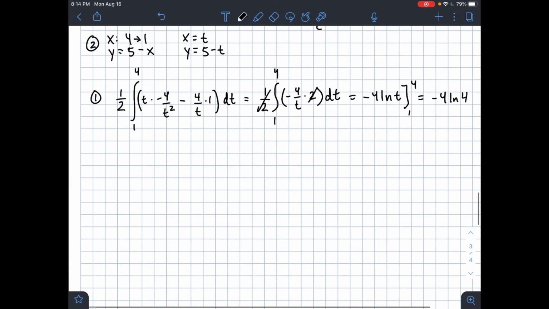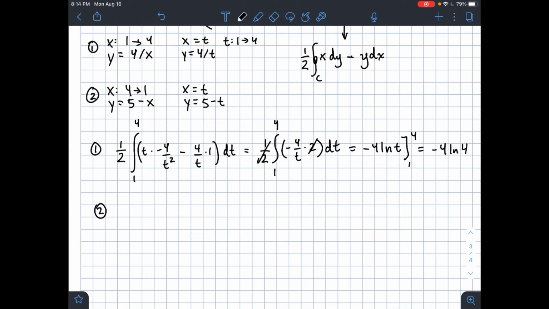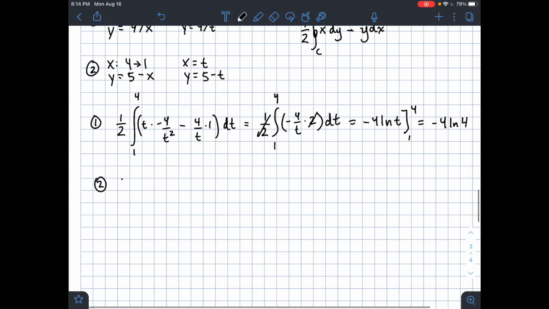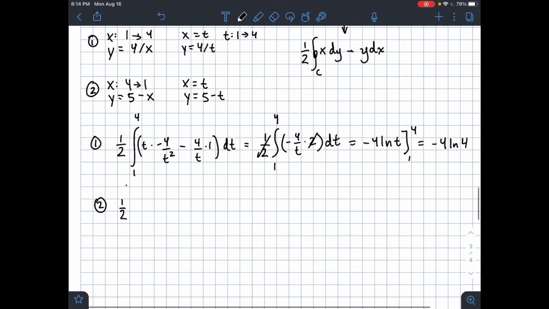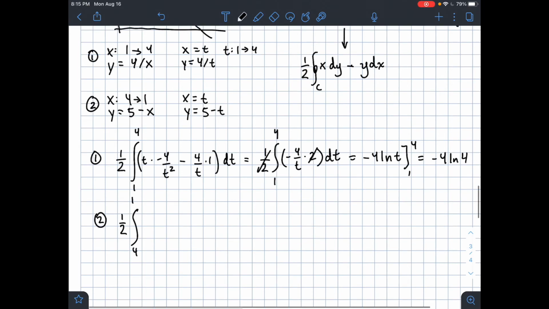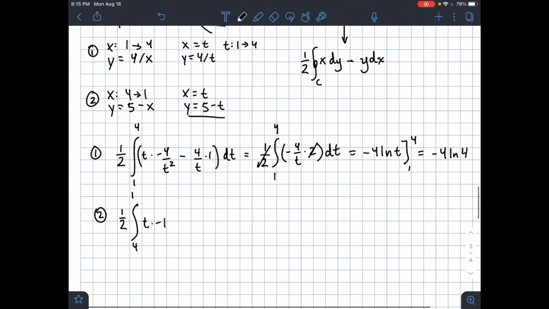Next, we can integrate along the second segment of curve C using the second parametrization. So again, we use the same formula for the line integral that we derived using Green's theorem. But this time we go from t equals 4 to t equals 1. And in this case, x is still t, but dy will be negative 1 because it's the derivative of this expression. And then again, y will be 5 minus t, and dx will be just 1.